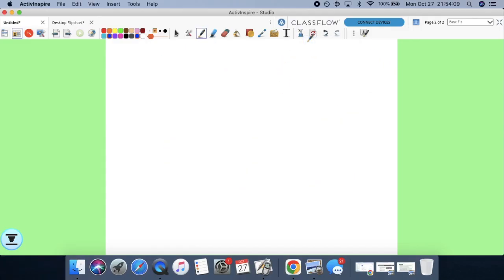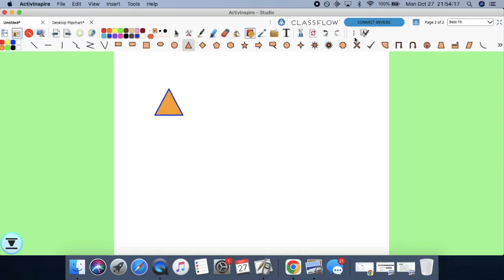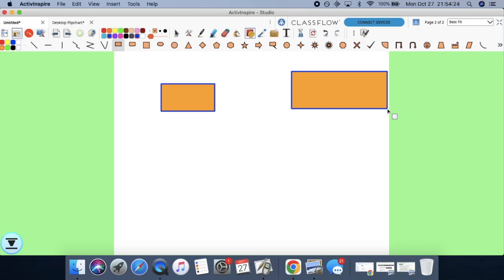Now, where have we seen this? Well, we have seen this before. Let me take an example, maybe not a triangle. Let me just stick to rectangles. Here's one rectangle, and here is another rectangle that was scaled up.